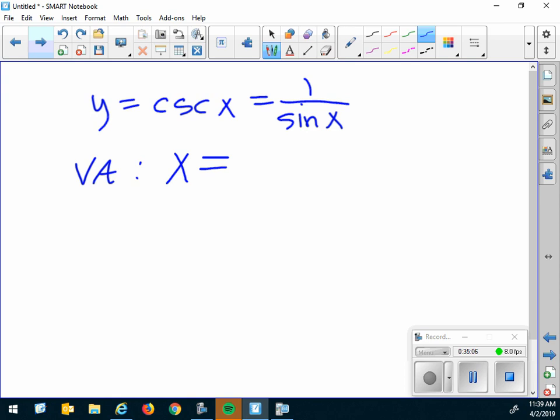Zero, pi, 2 pi, negative pi, negative 2 pi, pi k, when x is equal to pi k. So your domain is all x such that x is not equal to pi k.